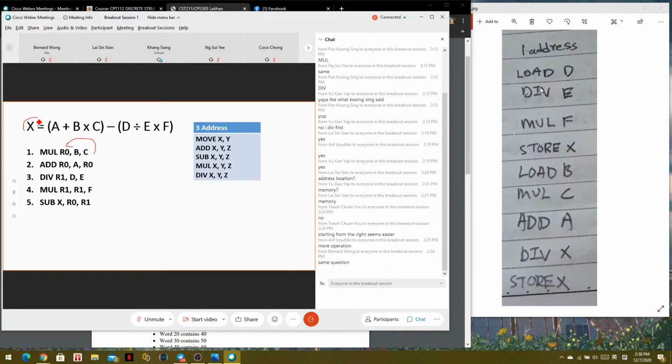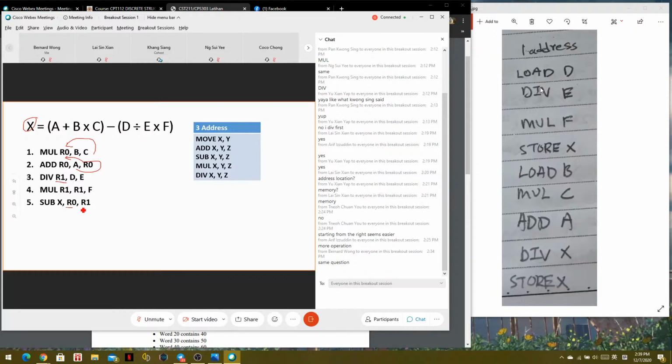When we use X, Y, Z, that kind of thing, it's usually referring to a memory location. Then A plus R0, store in R0. The next one uses another register: D divide E and then store in R1, then R1 times F store in R1, then finally you use R0.